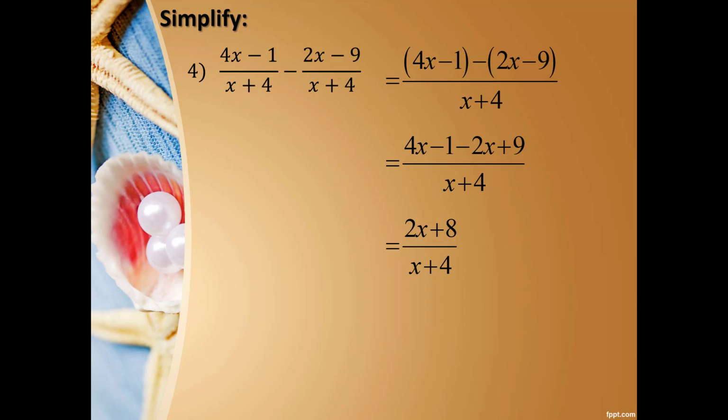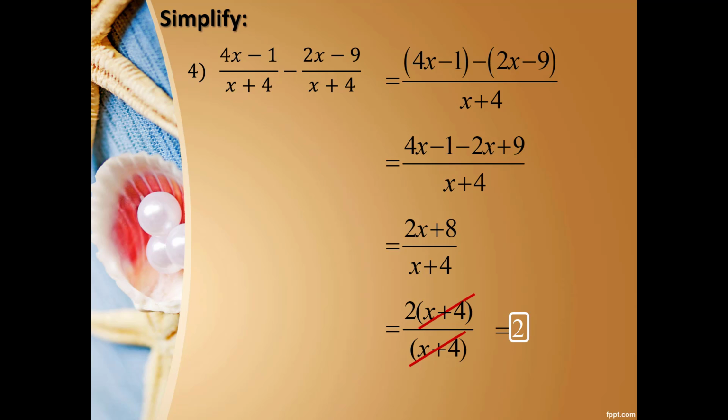Now we can factor a 2 out of the numerator, which leaves us with 2 times, in parentheses, x plus 4. And now you see we can simplify this even further by reducing that common factor. We have x plus 4 in the numerator and denominator. Those both cancel out, and we are left with a 2 for the answer.